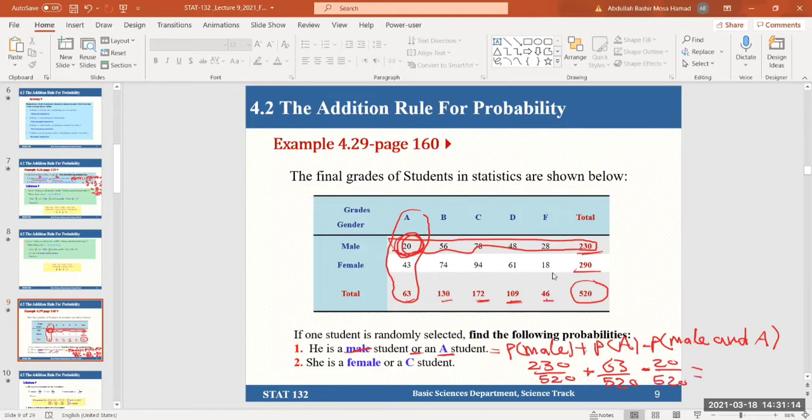That equals 273, right? Yes. This is the probability of selecting one student who is male or an A student. Clear?